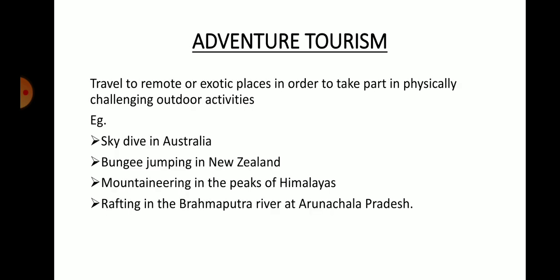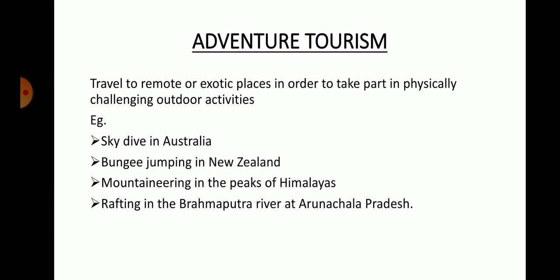The next is adventure tourism. Adventure means going to a most exotic place far away from human residence, and it creates some thrill in our mind. Some examples are skydiving in Australia, where they jump into the sky using parachutes. Bungee jumping in New Zealand.